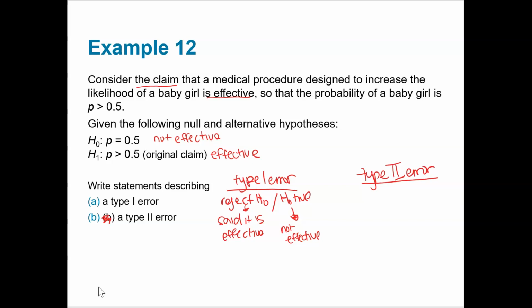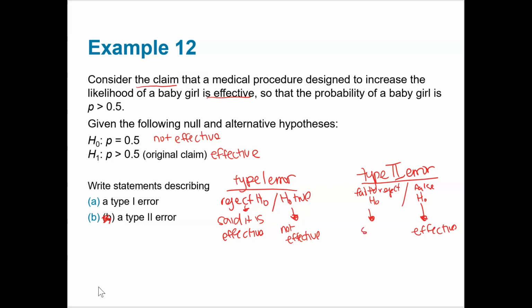So let's make sense of this. If we fail to reject, and the null hypothesis is false. So let's start with the null hypothesis is false. If the null hypothesis is false, then the null hypothesis is not effective. If that's actually false, then it is effective. But if we fail to reject it, that means we'll just say for a second that we accept it.